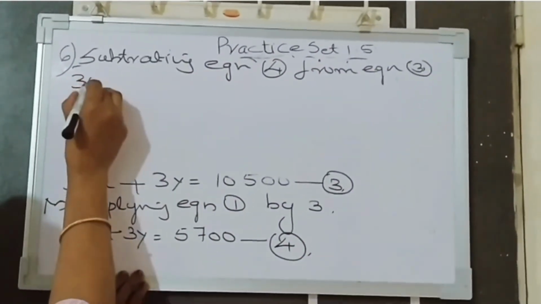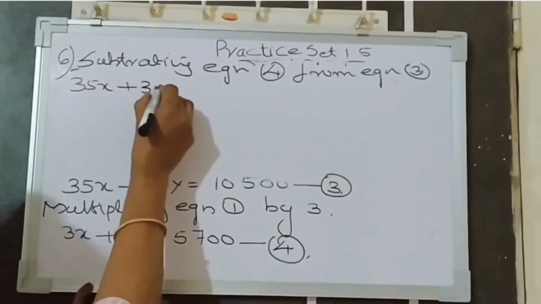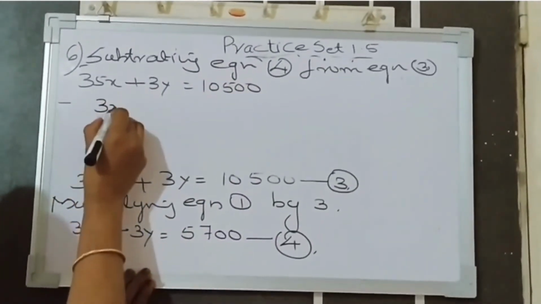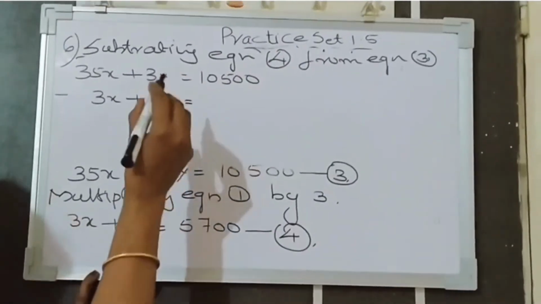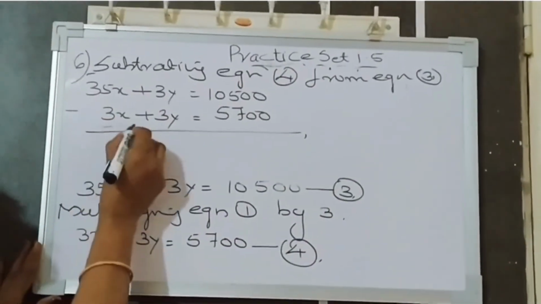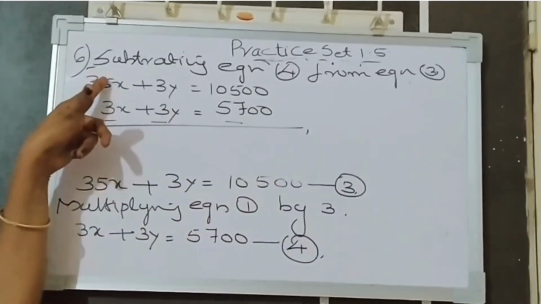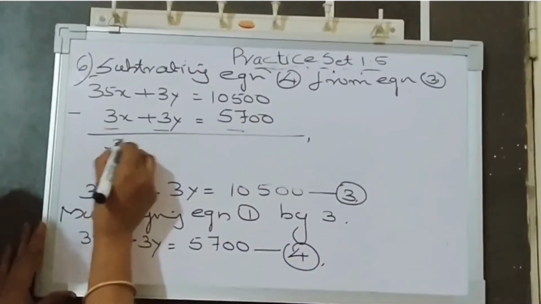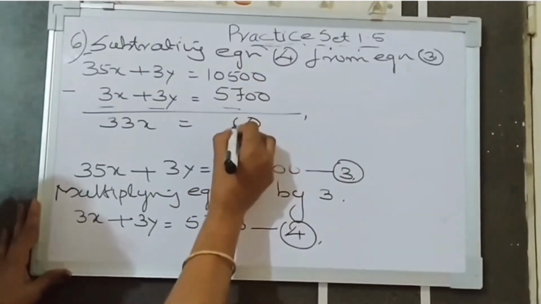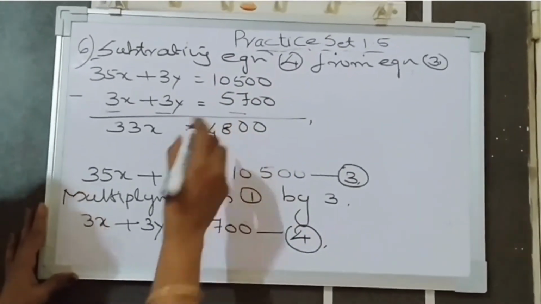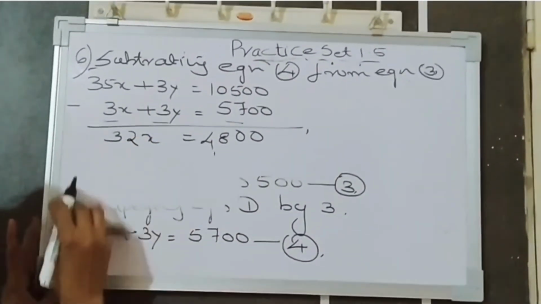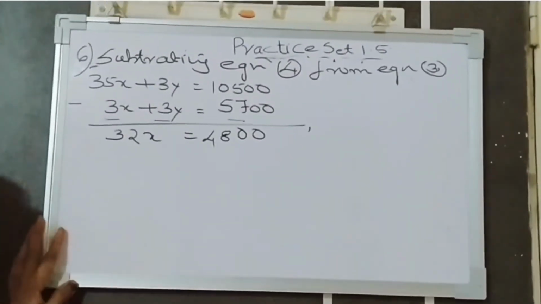Therefore 35x plus 3y is equal to 10,500 minus 3x plus 3y equal to 5,700. Subtraction, the sign is to be changed. Therefore 35x minus 3x is equal to 32x. 3y and 3y are eliminated, and this is equal to 4,800. Therefore 32x is equal to 4,800.